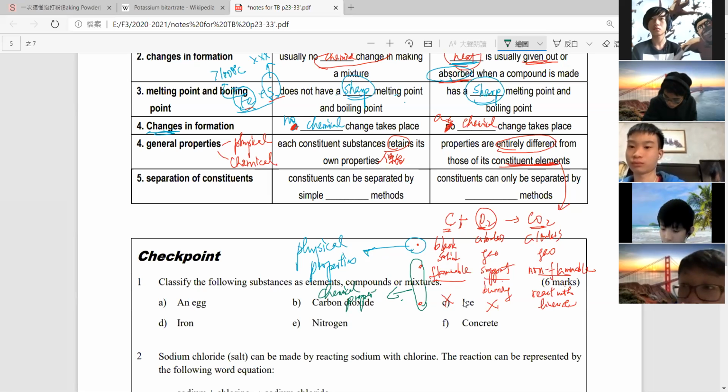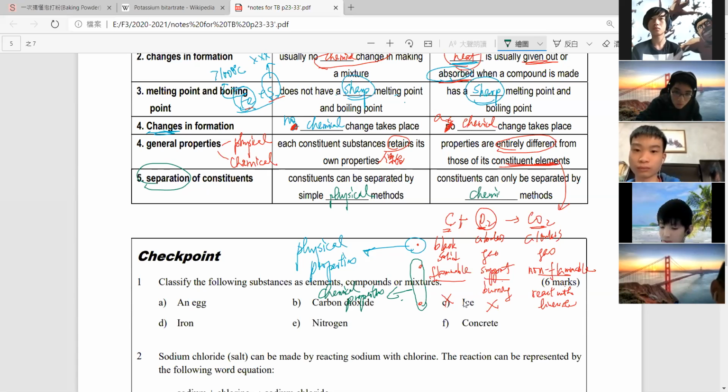Because if you want to further describe that substance, you may use chemical change to describe. So we call that chemical property. Do you understand? So if you want to separate it, for a mixture, because they just keep their own property, simply using some physical method can help. But if it is a compound, I use a chemical method.